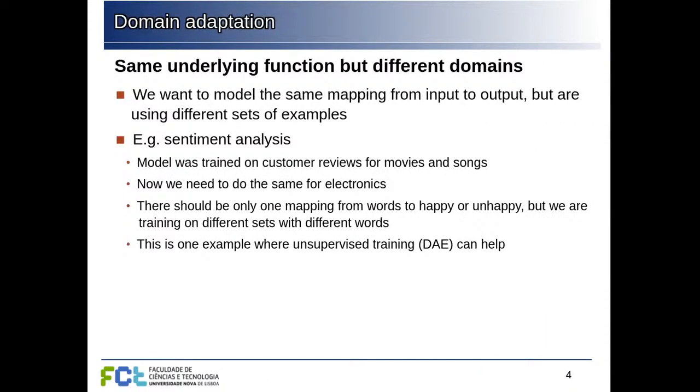And now there are different things that can happen. Under this large umbrella of transfer learning, we can have different kinds of problems. For example, we may want to do basically the same thing, but in a different domain. This is generally called domain adaptation.